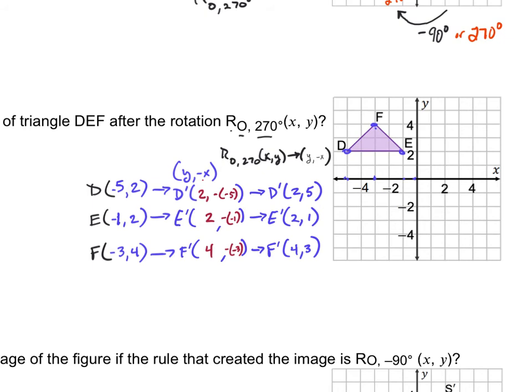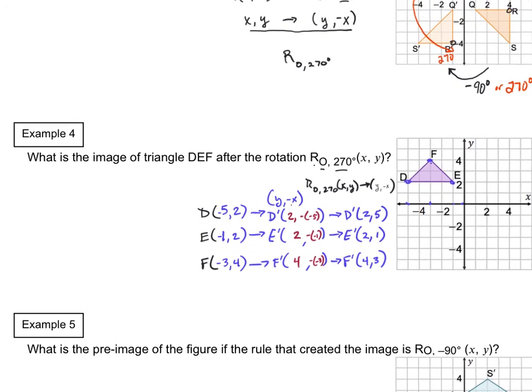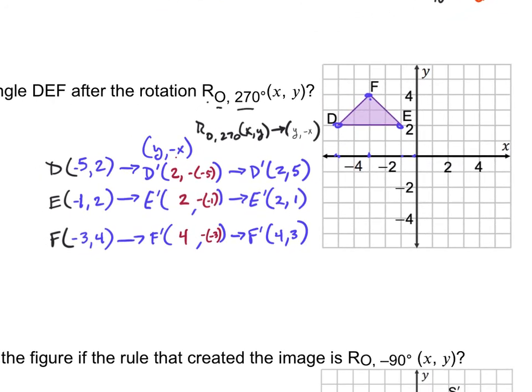So now, did we need to do all that? I guess we did, because we want to be able to figure out what is the image. Well, we've figured out our points, so we can go ahead and plug those in. D prime is (2, 5): 1, 2, 5.